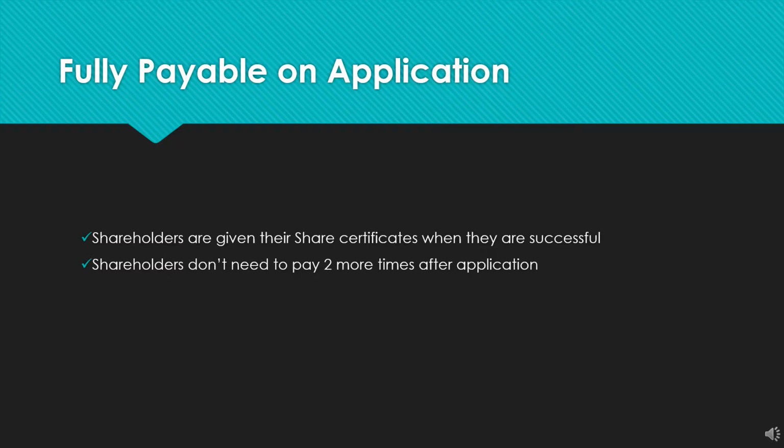Now, there is a different process when it comes to shares that are fully paid upon application. The same thing happens for the company. They register, they get their certificate of incorporation. However, the directors won't have to think about how much the shareholders need to give at three separate times, since upon application the shares will be fully paid.